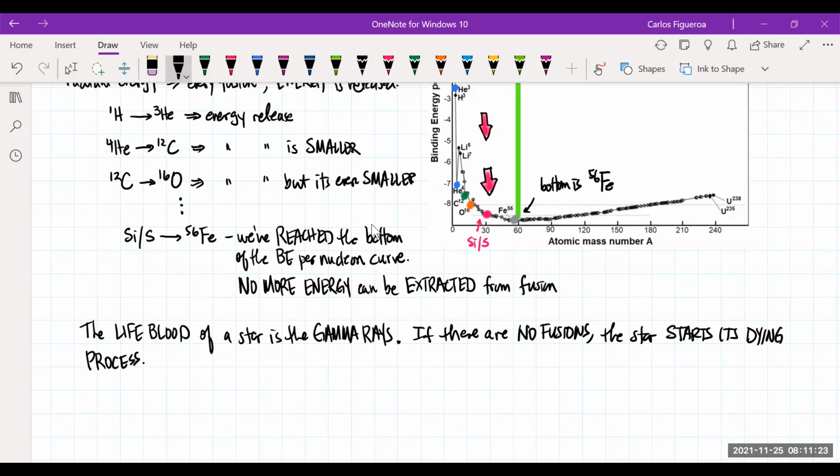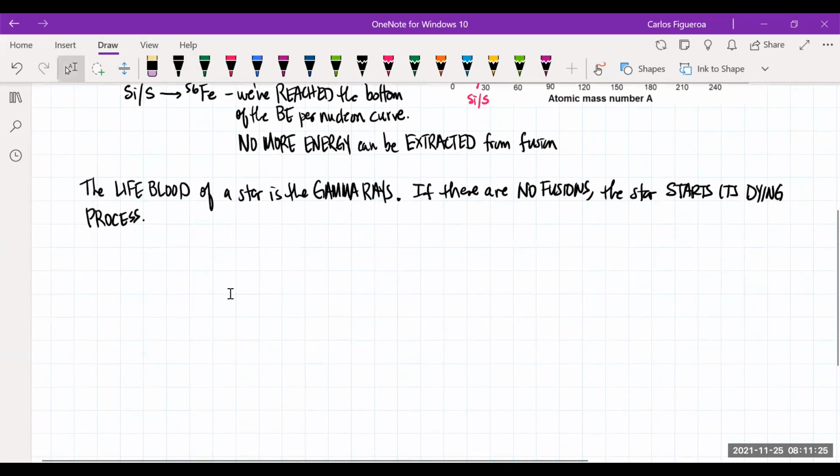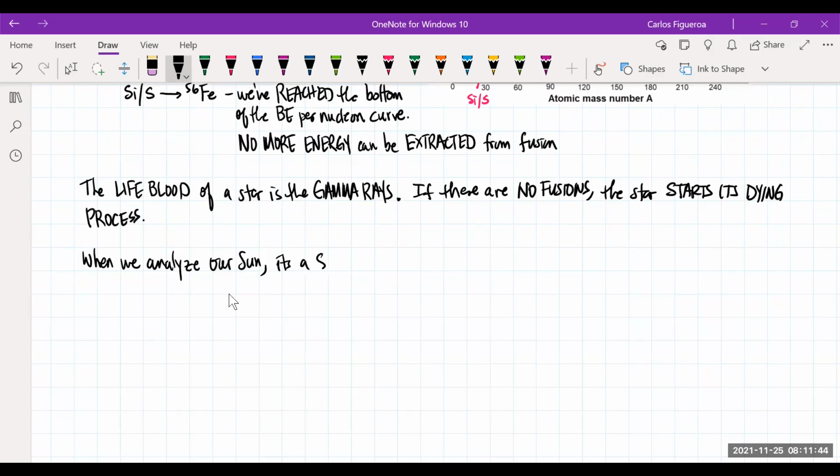So one of the things that I should really say to you is this. When we look at our sun, it's a smallish star.